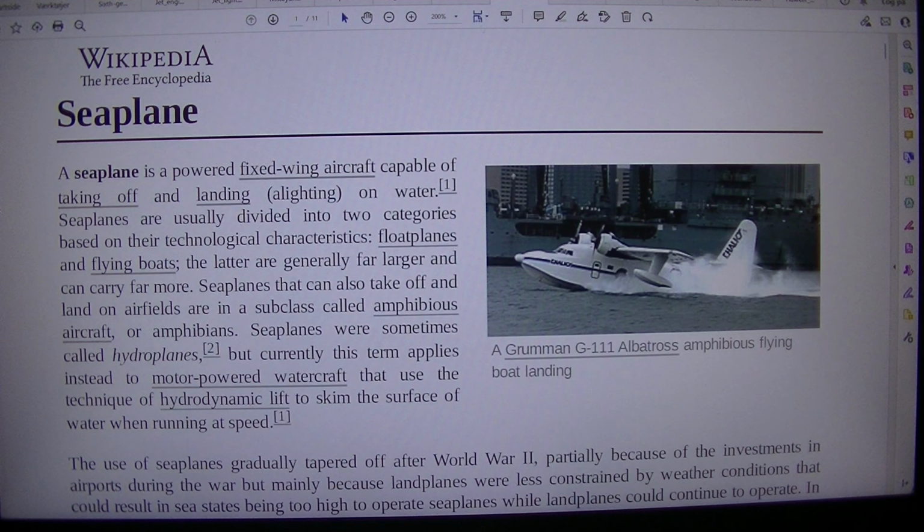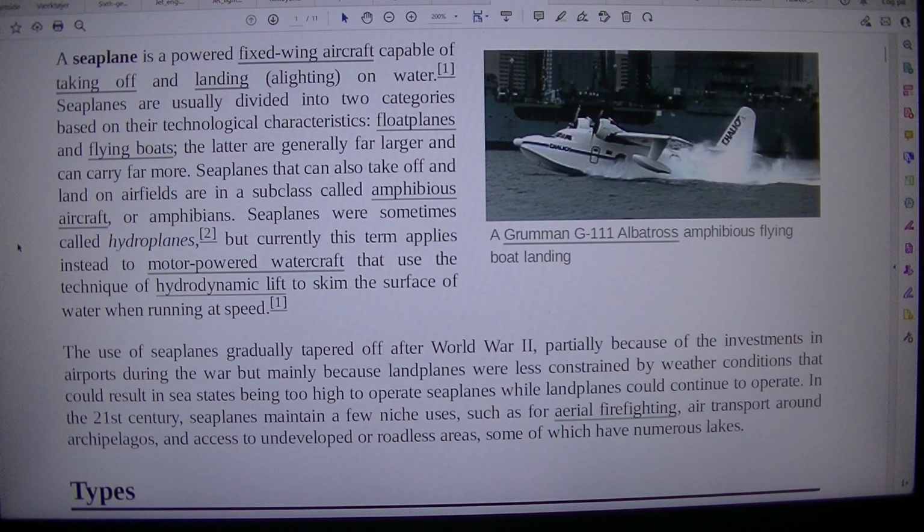Seaplanes that can also take off and land on airfields are in a subclass called amphibious aircraft, or amphibians. Seaplanes were sometimes called hydroplanes, too, but currently this term applies instead to motor-powered watercraft that use the technique of hydrodynamic lift to skim the surface of water when running at speed.